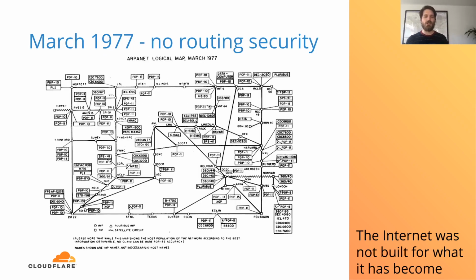So first for some history, first for some context. This is March 1977. This is the early days of the internet. It's not the start of ARPANET. It's not the start of the internet. But it's still well within the early days of the internet. And at that time, only really one company, BBN and their IMPs or routers, had an IP routing table.